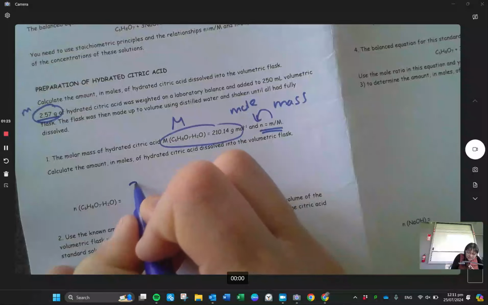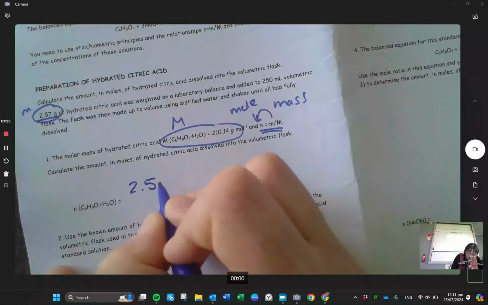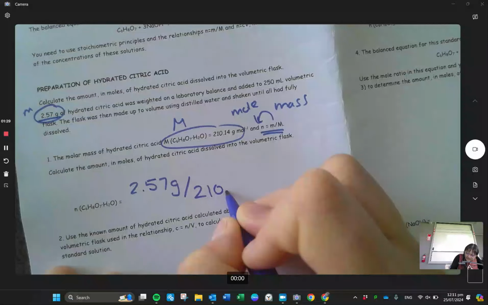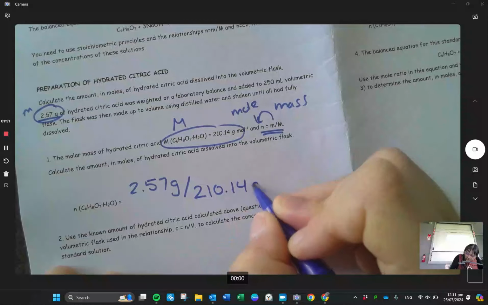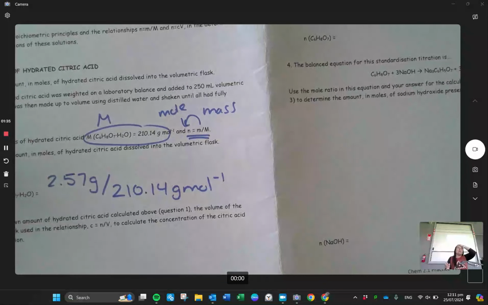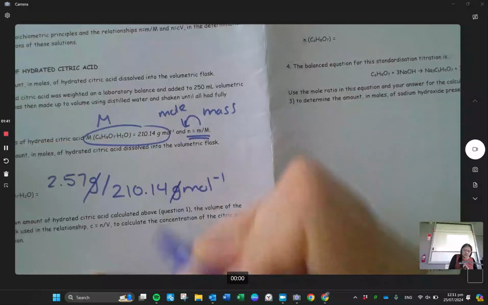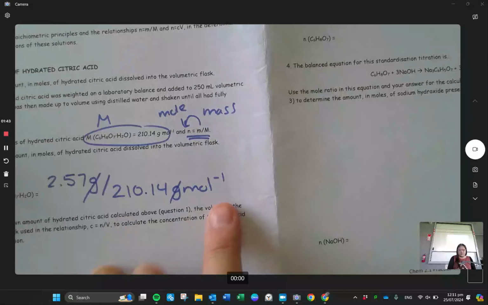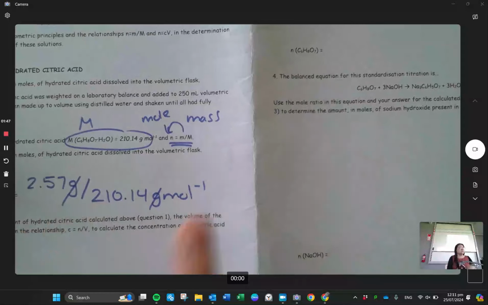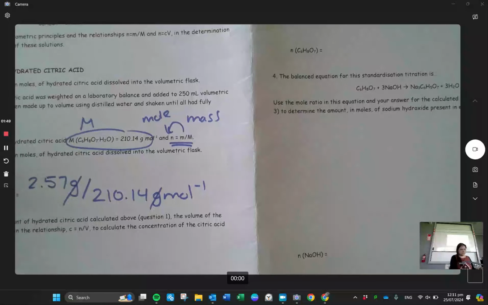So I'm taking 2.57 grams and dividing it by 210.14 grams per mole. I like to write my units down because it helps me make sure I've done my things correctly, and so I know what units I need to be writing. So grams and grams will cancel out, and I'm left with per mole per. So per mole, so that changes it to mole.